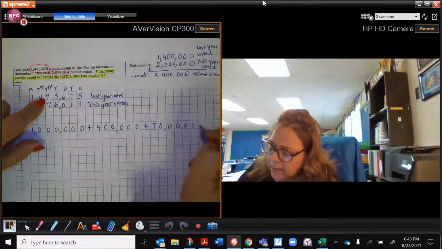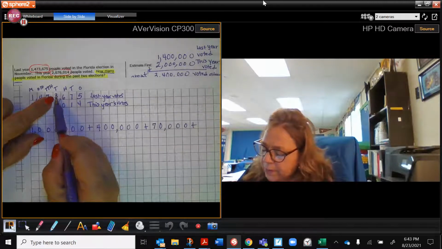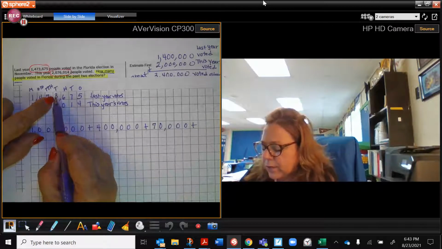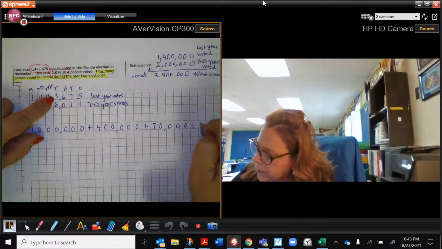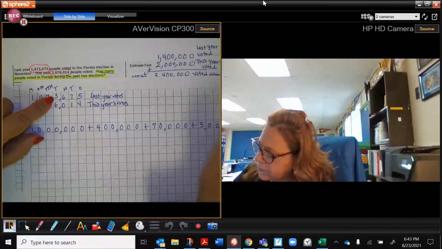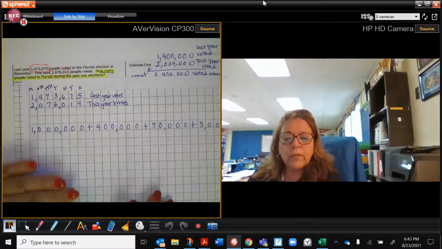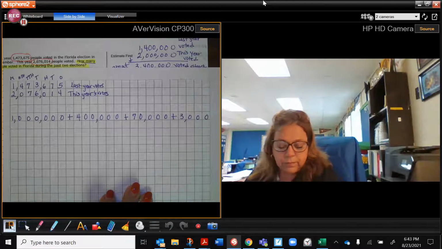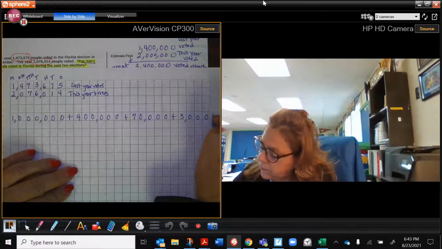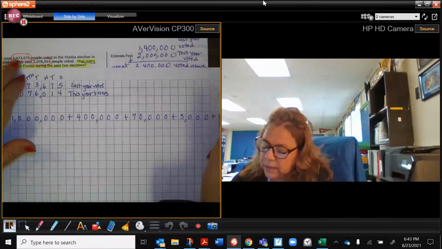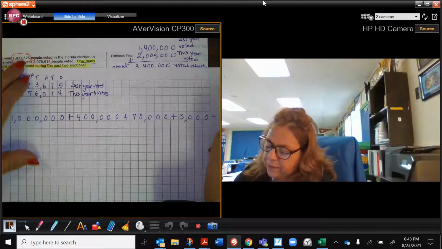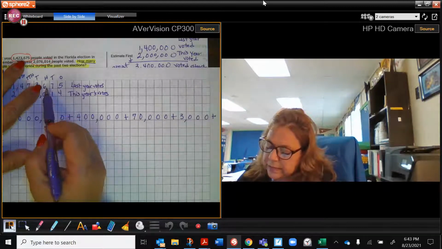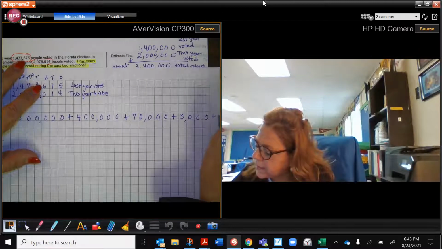Next, I have 3 in the thousands. The value of 3,000 is 3,000. Not quite done yet. Then I have 6 in the hundreds, so this would be 600.